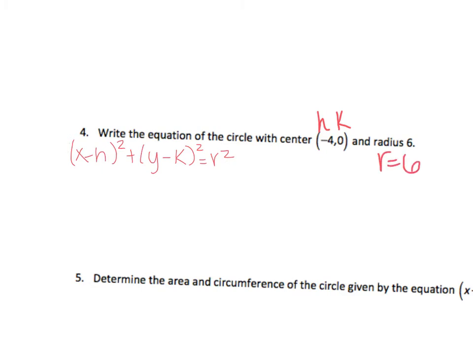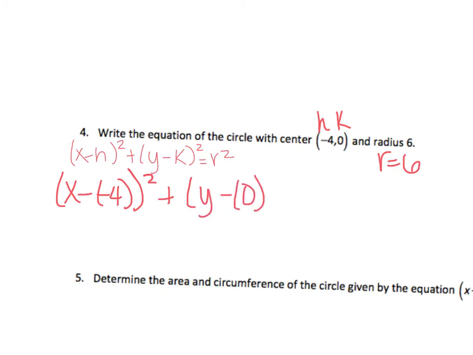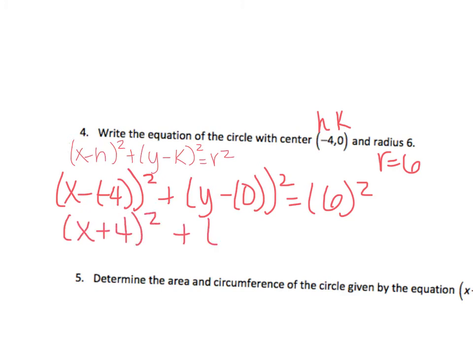So I'm just going to substitute these values into the equation. So x minus h is negative 4, squared, plus y minus k is 0, squared, equals r squared, so 6 squared. Okay, so I'm going to go ahead and simplify. (X plus 4) squared plus y minus 0 is just y, so I'm just going to leave it as y squared equals 36.